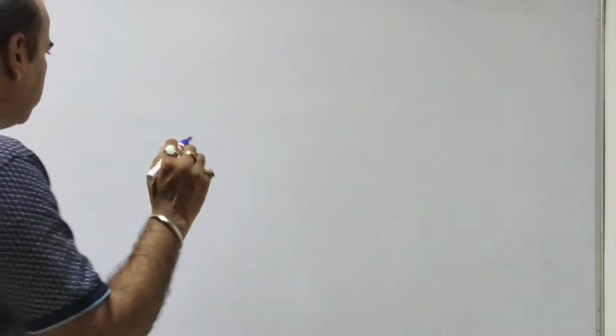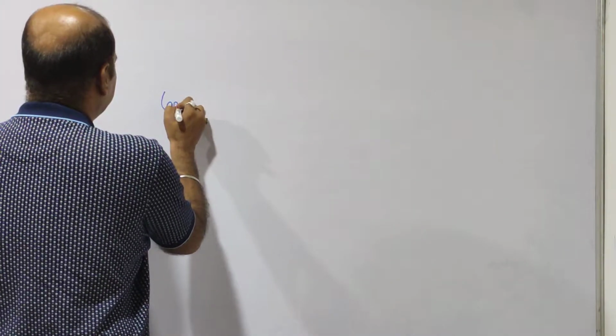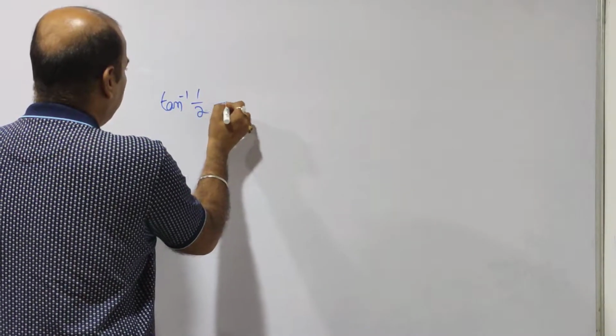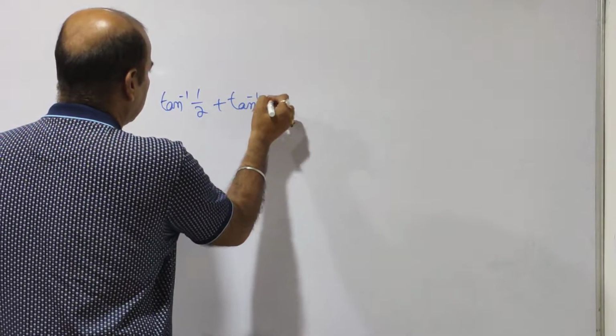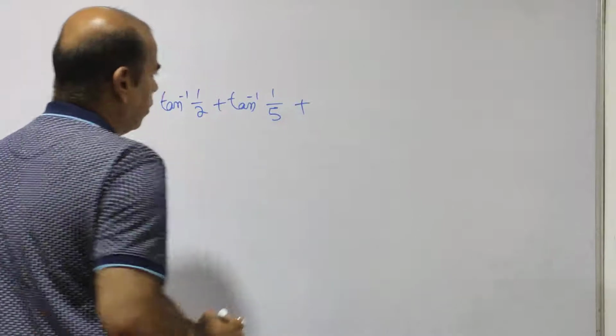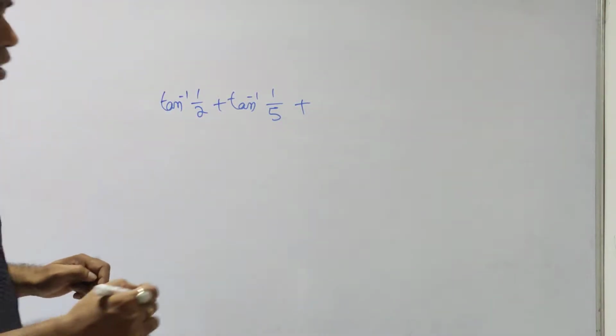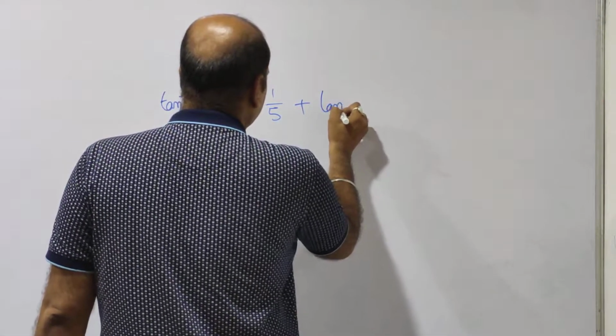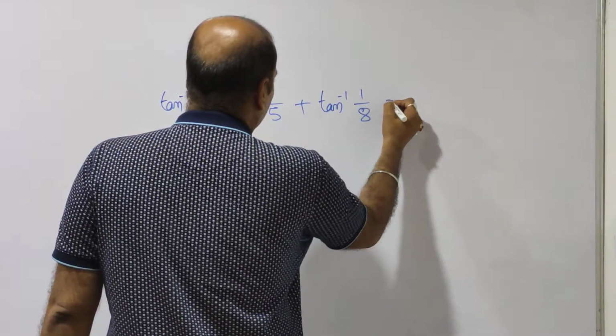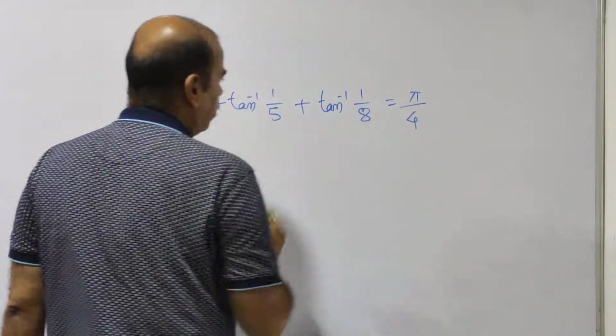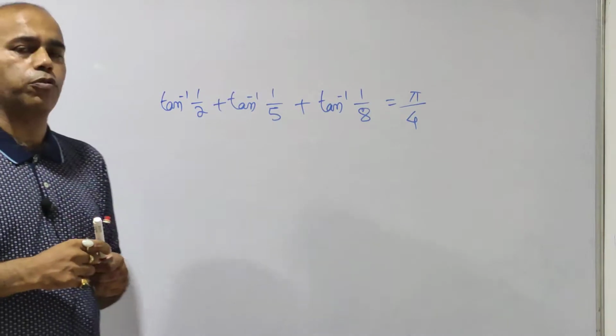Now the question is tan inverse half plus tan inverse 1 by 5 plus tan inverse 1 by 8. They are asking to prove this is pi by 4. So what will I do?